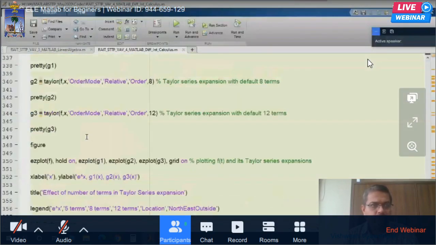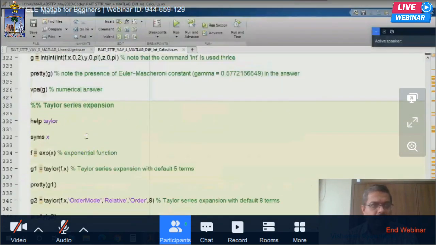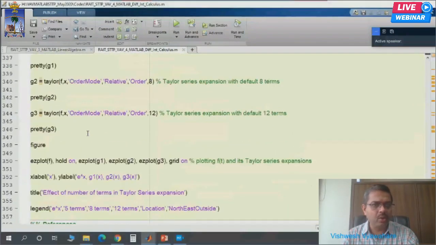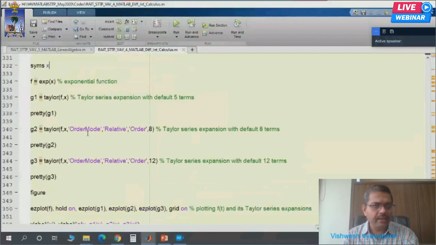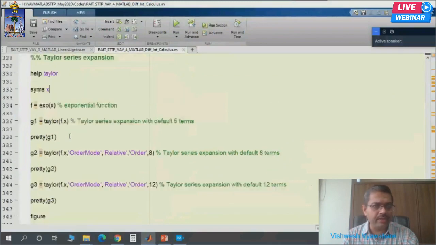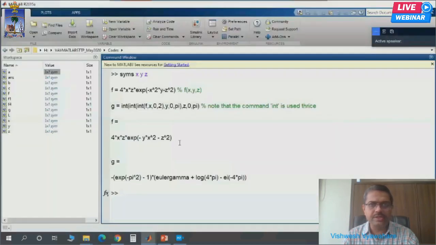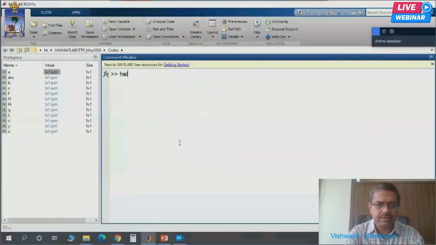Okay, let's move ahead. The last section that I am going to take here is the Taylor series expansion. Now before I go ahead with this Taylor series expansion, let me show you what this is. So help taylor.